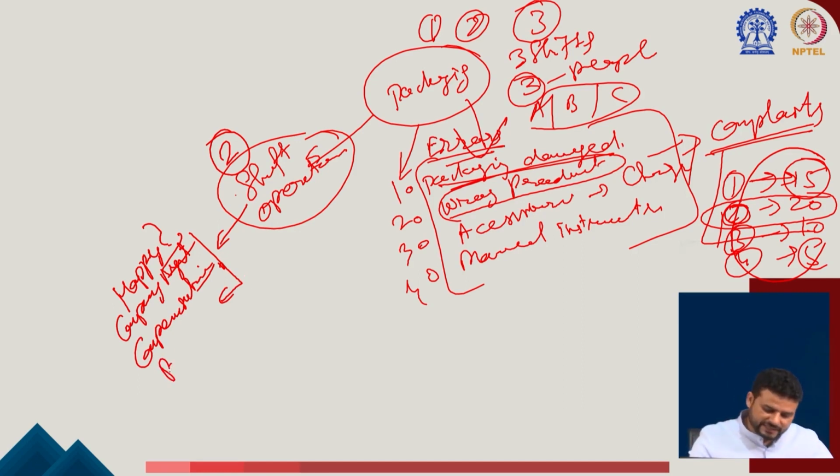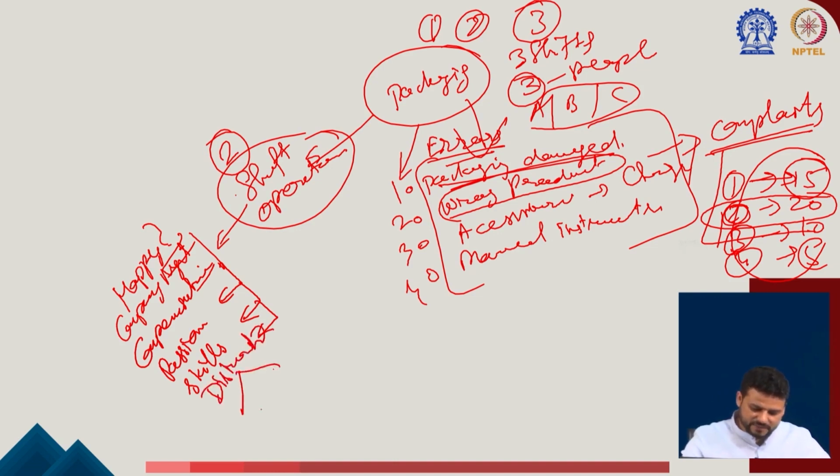Maybe he is not finding his passion in that job, maybe his skills are not aligned to that job, right? These can be the reasons, okay? So many other reasons. Maybe he is disturbed. Why is he disturbed? Again, maybe he is disturbed in personal life, maybe in professional life, right?